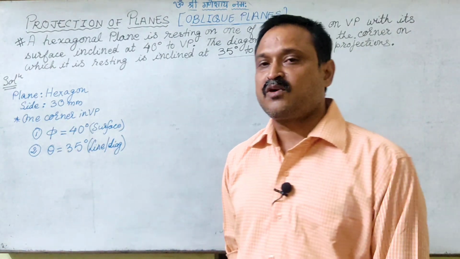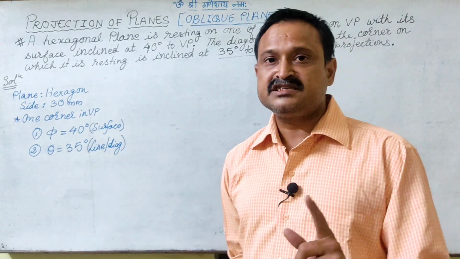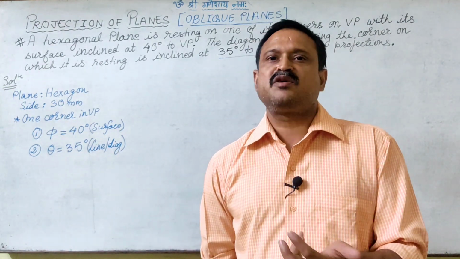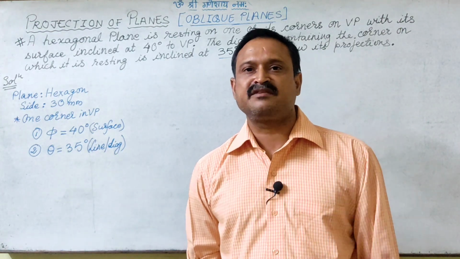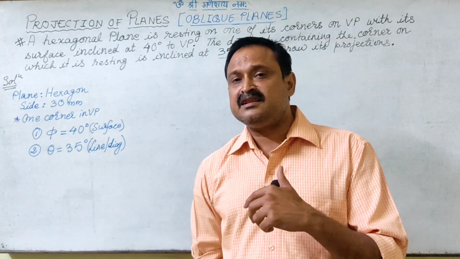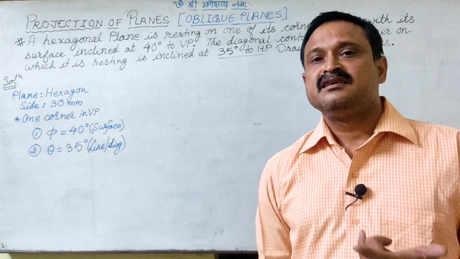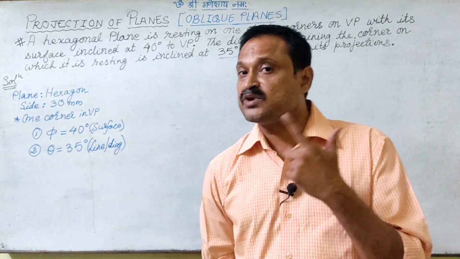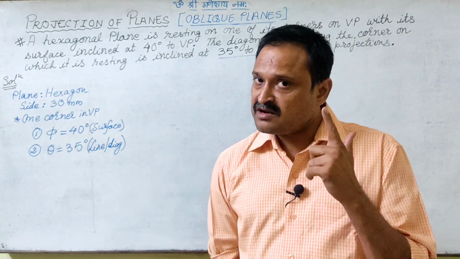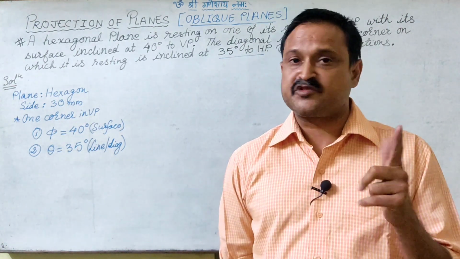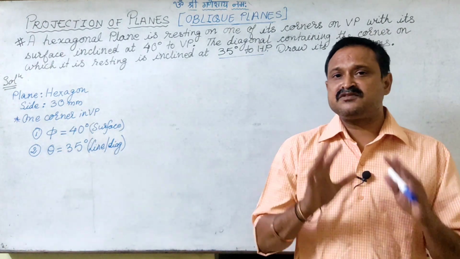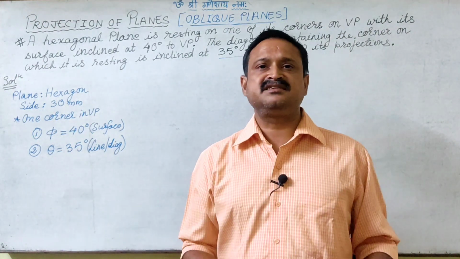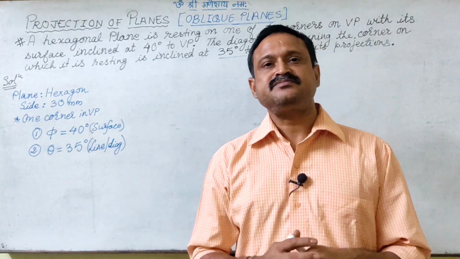Now, in the corner condition, when the polygonal plane is resting on one of its corners, the information of the second inclination is given with respect to a line. So we will always keep that line. Here again, for sure, in the first step we are going to draw the true shape of the given plane and the trace in the other view.